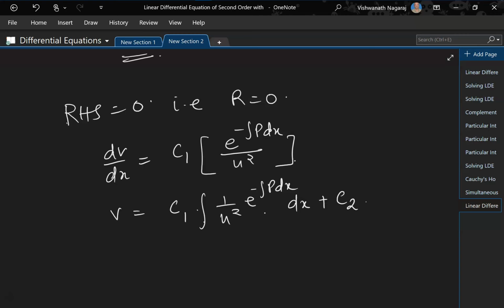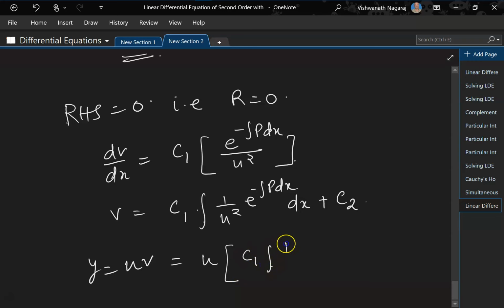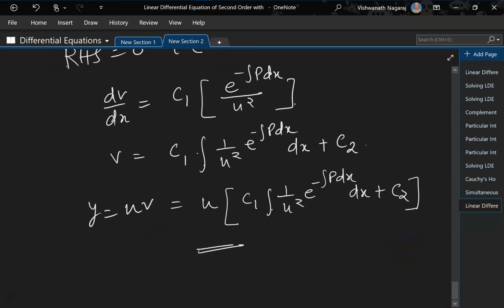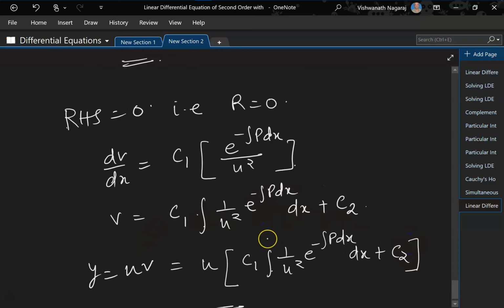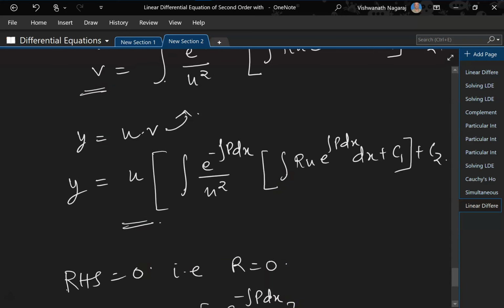So in this case, the complete solution would be y is equal to uv, which is equal to u times c1 times the integral of 1 by u square e to the power of minus integral of p dx, plus c2, right? So this is in case the right hand side is 0, and the earlier one is in case the right hand side is a function again.